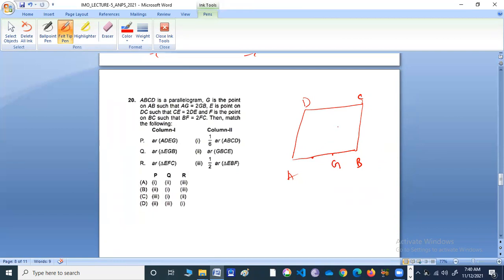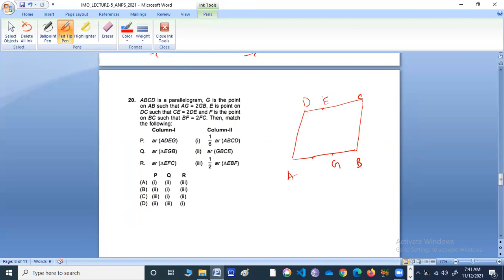E is a point on DC such that CE is equal to 2DE. So similarly, CE is equal to 2DE.